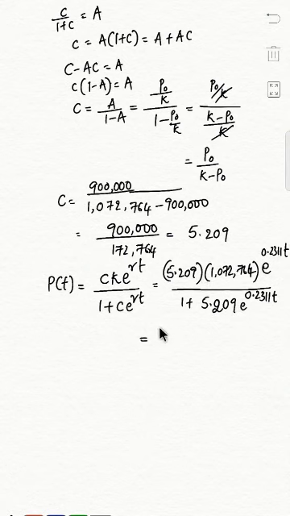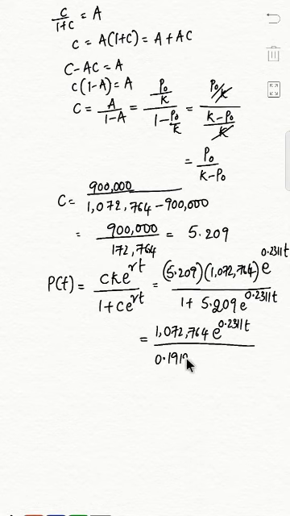So the numerator remains 1,072,764 e to the power of 0.2311 t, divided by 1 by 5.209, that could be 0.19196, plus e to the power of 0.2311 t. Okay, this is the solution for the initial value problem, right?